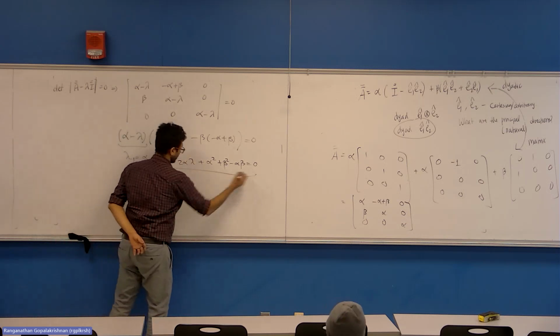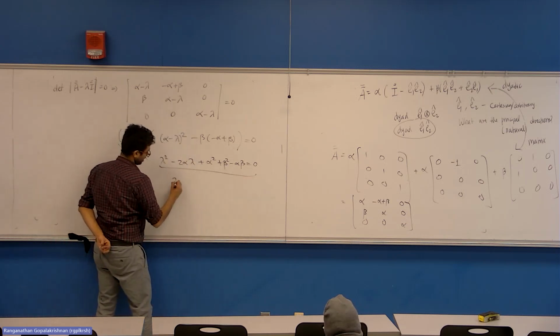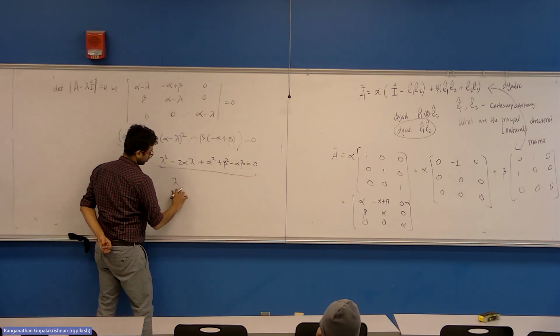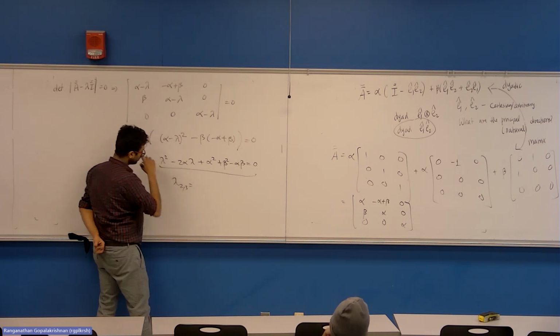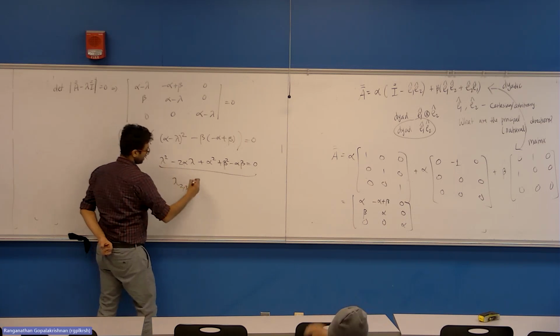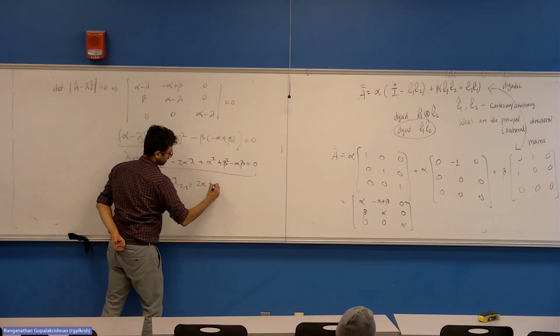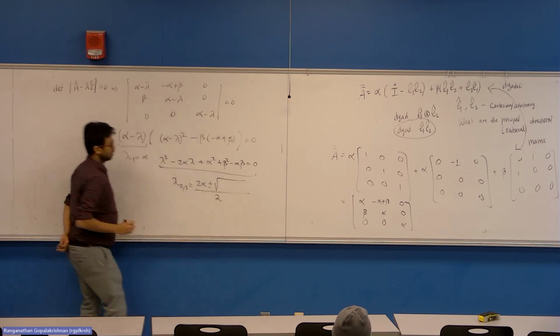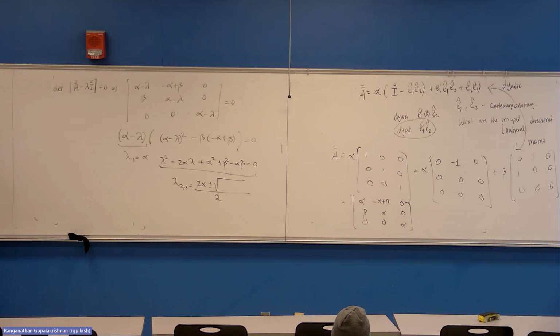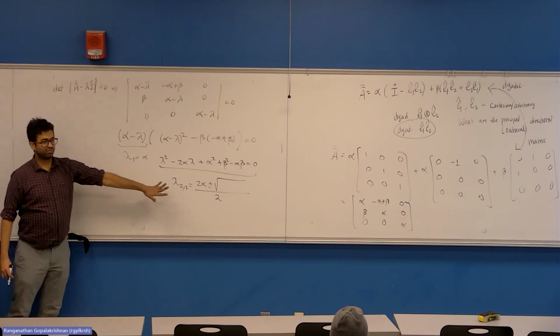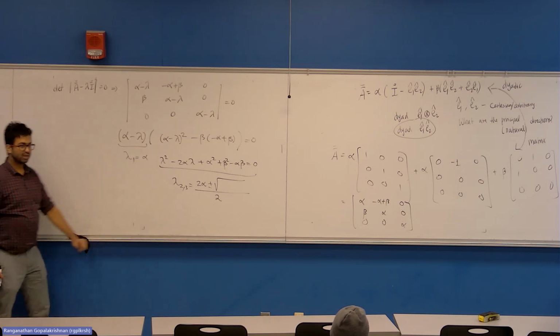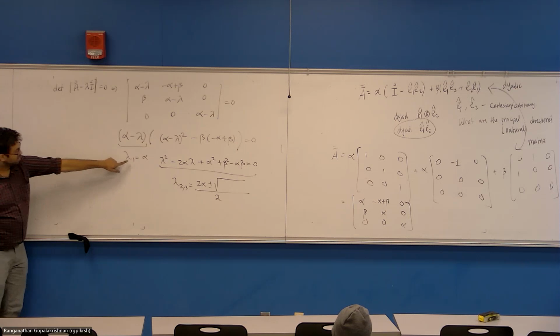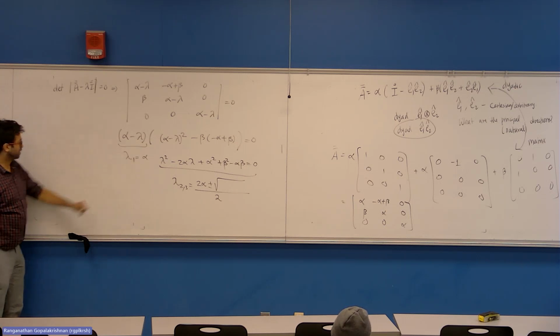These two eigenvalues will give something like lambda 2, 3 equal to minus b, that is 2 alpha, plus minus square root of something divided by 2. You're going to get something like this. So I'll let you deal with it. That's difficult. I'll do the easy one. Okay, so lambda 1 is alpha.